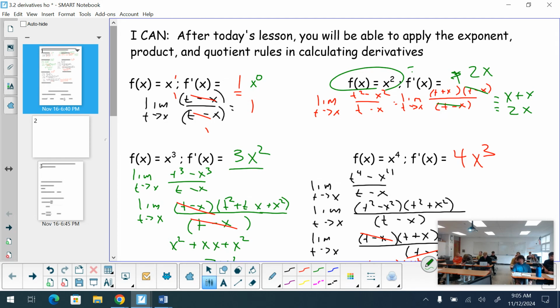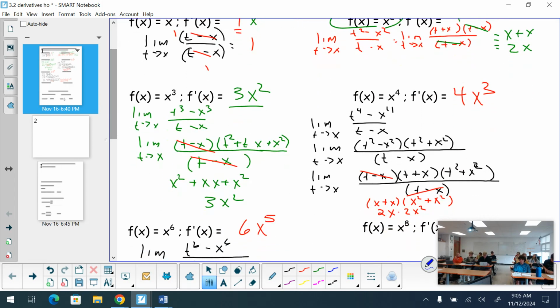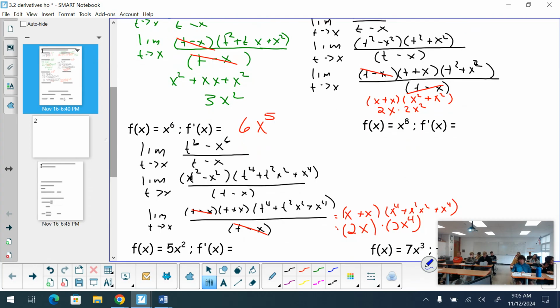When I had x squared, my derivative was 2x. That would be 2x to the 1st. When I had x cubed, my derivative was 3x squared. When we had x to the 4th, my derivative was 4x cubed. When we had x to the 6th, my derivative was 6x to the 5th.